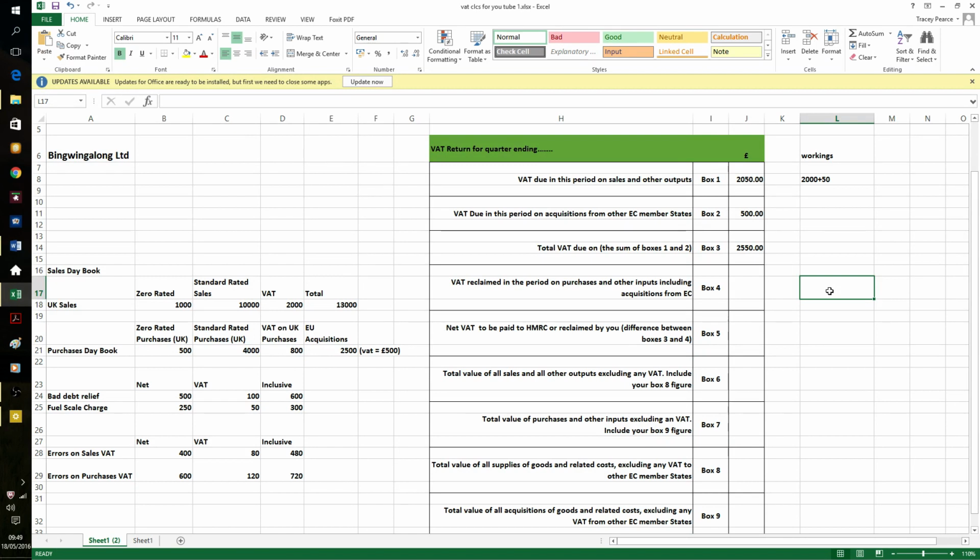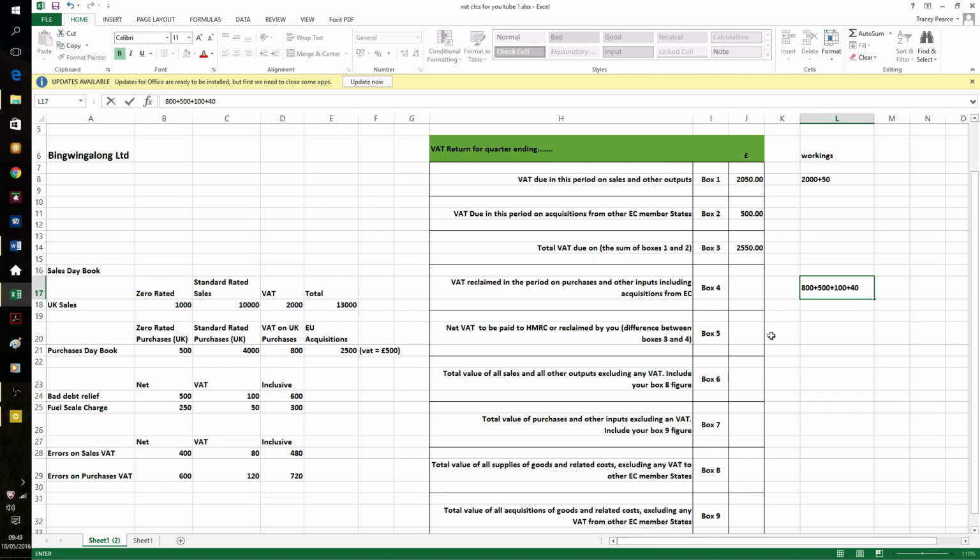So this is the one that generally causes most problems. You can see even on this little example there's more items. We've got the £800 on our main purchases of £4,000. We have also got in this box £500 on the EU acquisition. We've got £100 we're going to claim back on the bad debt relief, and the 40, which is the correction of these two errors.